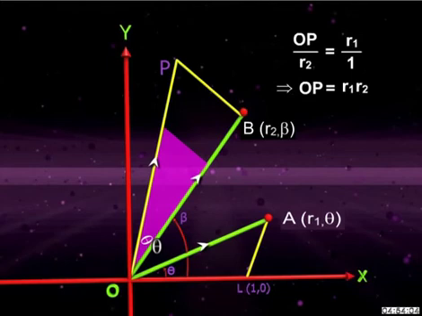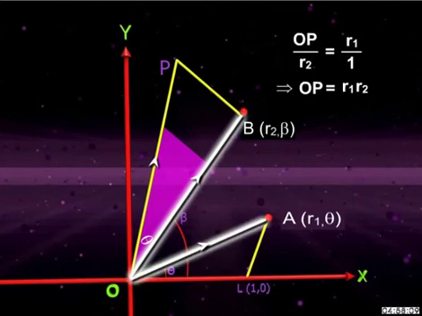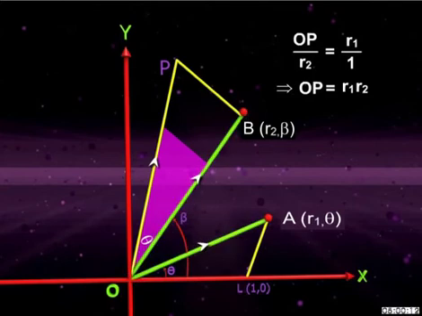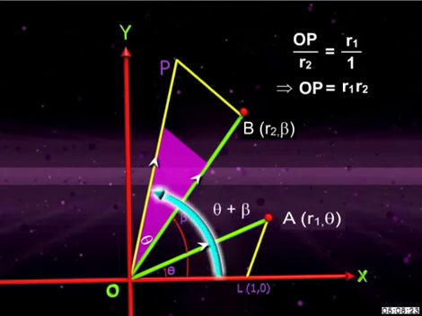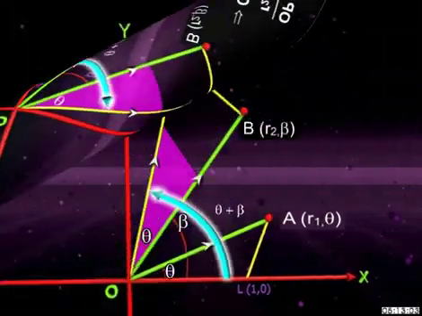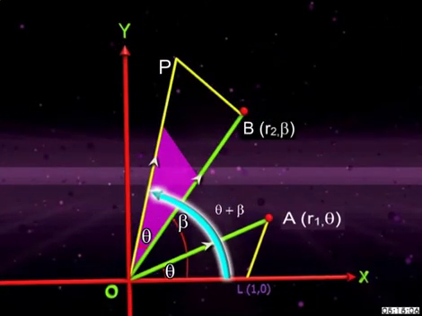Also, angle POX is equal to the sum of angles, angle POB and angle BOX, that is, it is equal to theta plus beta. Thus, P is the point whose modulus is r1 into r2 and argument is theta plus beta.